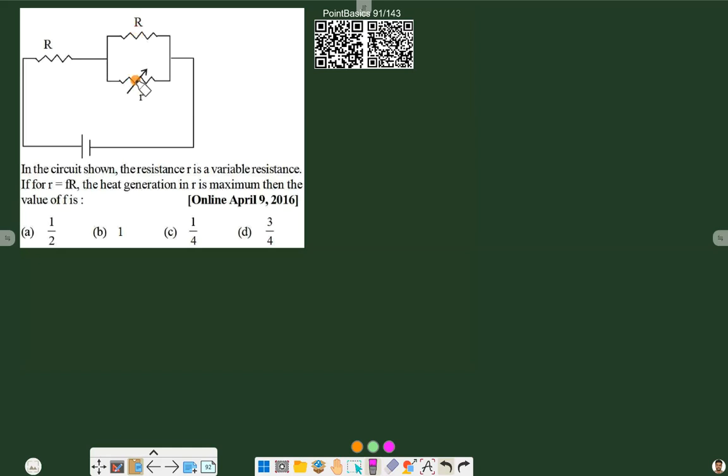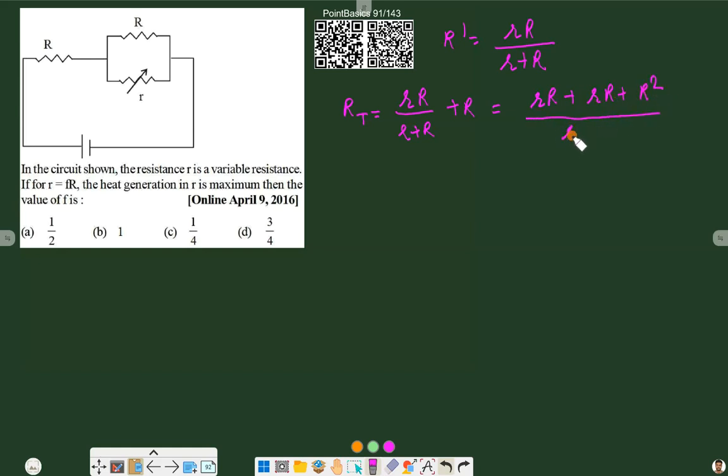As this R and small r are in parallel, their combined resistance will be R dash, and R dash will be small r into capital R divided by small r plus capital R. Now this R dash is in series with R, so the total resistance RT of the circuit will be R dash plus R, taking LCM, that will be equal to Rr plus R square divided by R plus r, and that can be written as R square plus 2Rr divided by R plus r.